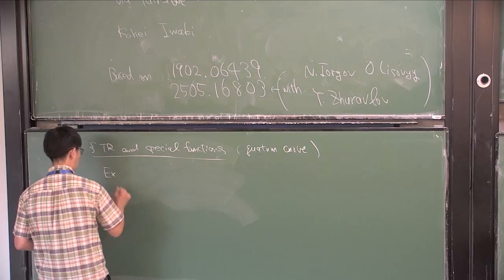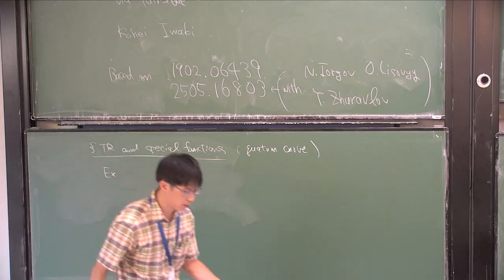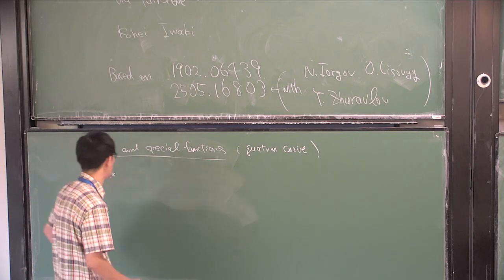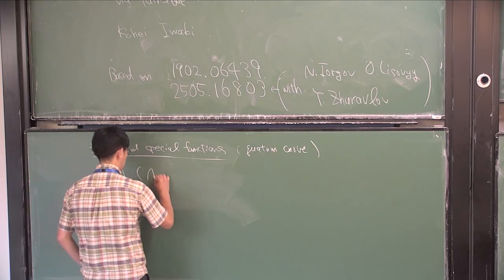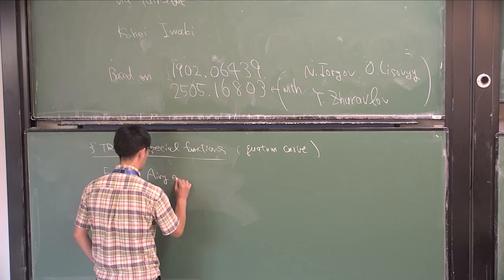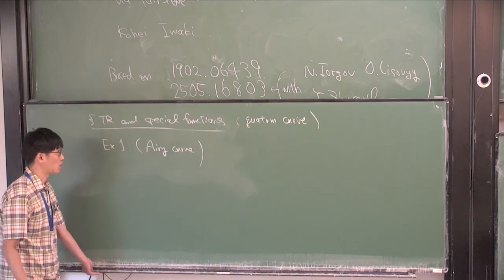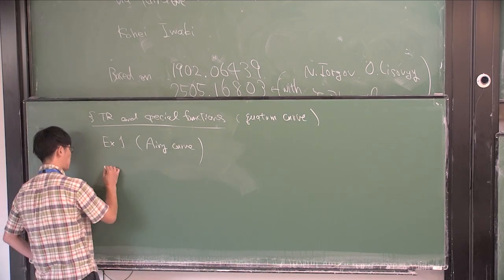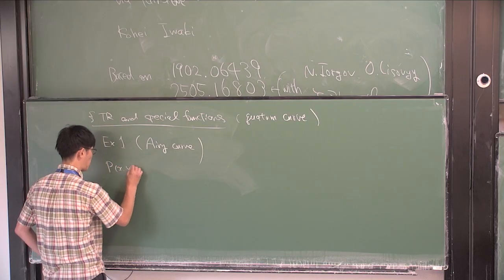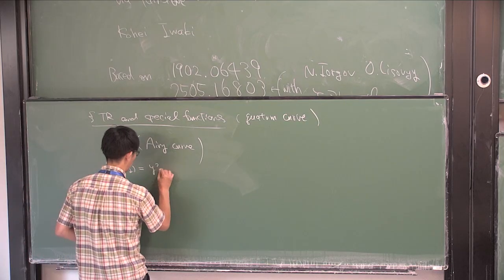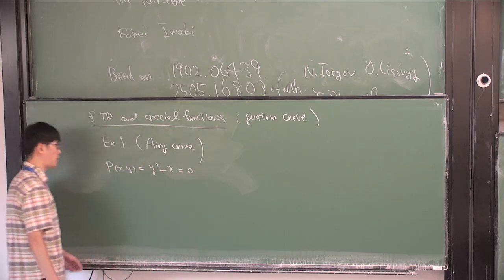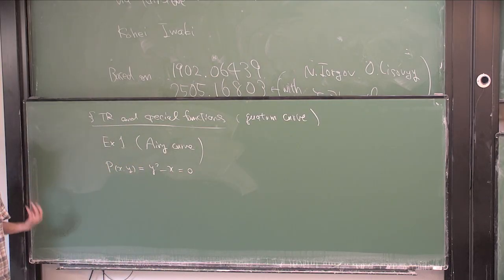I'm not explaining some general theory, but let me focus on some examples. So the first example is the so-called Airy equation, or Airy spectral curve. Do you remember, topological recursion is some machinery: if you give some spectral curve, which is a polynomial algebraic curve defined by a certain equation, then you can provide certain correlators.